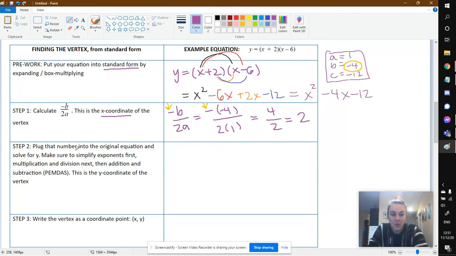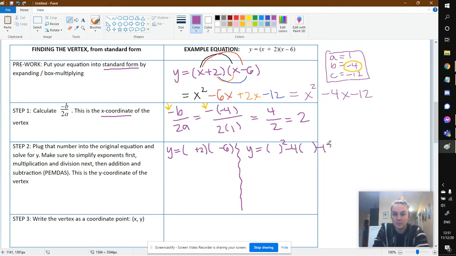We are now going to plug that number into the original equation. When I say original equation, we could plug it into the factored form, or we could plug it into the standard form. Either way, I'll plug in 2, 2, 2, and 2, right?